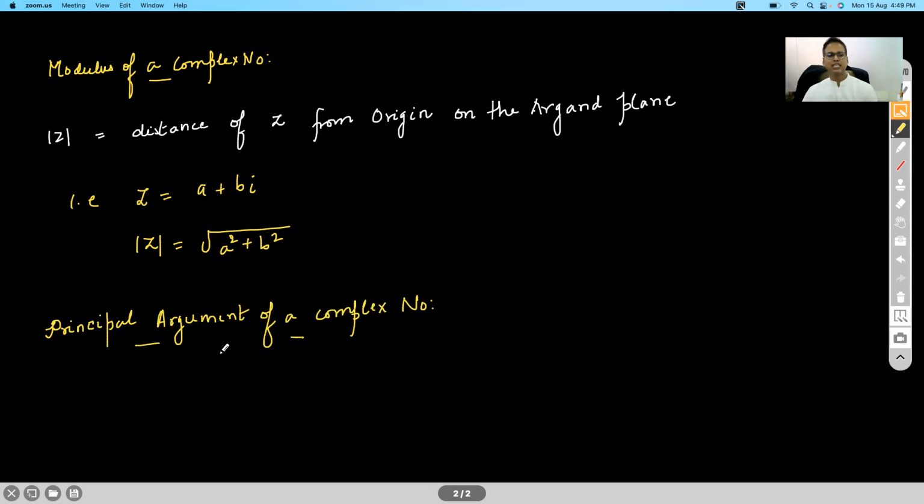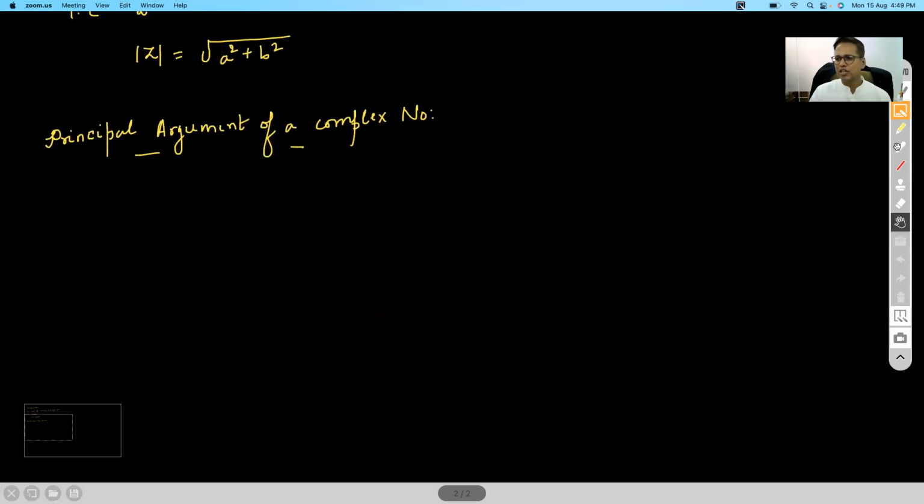If you don't understand this, you will have problems in understanding the concept of polar form. So what is principal argument of a complex number? First of all, it is represented by this symbol ARG, and in bracket we write the complex number. ARG stands for argument of a complex number.